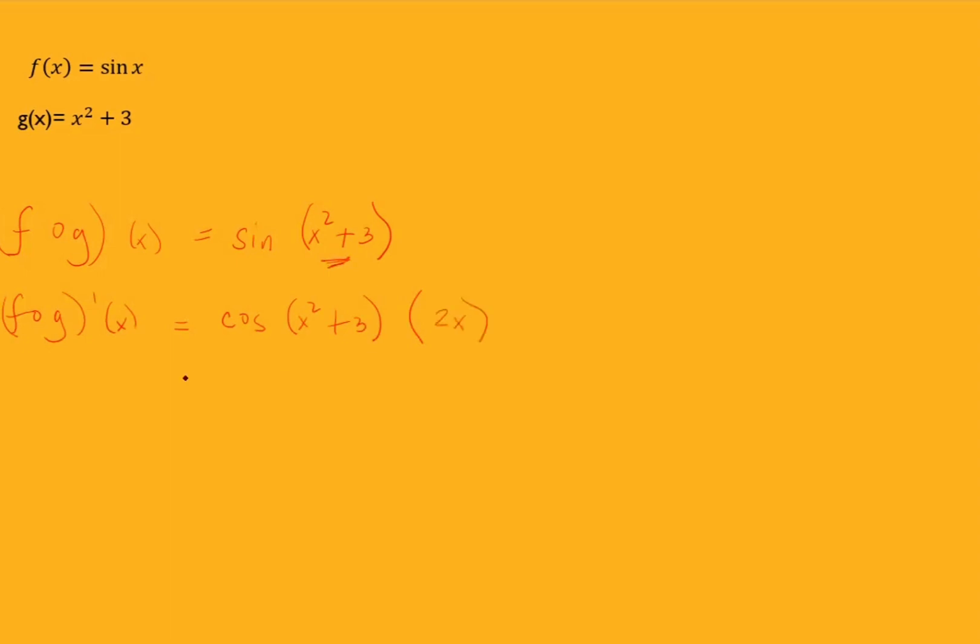So the final answer is equal to 2x cosine of x squared plus 3. That is the derivative of the given function, sine of x squared plus 3.